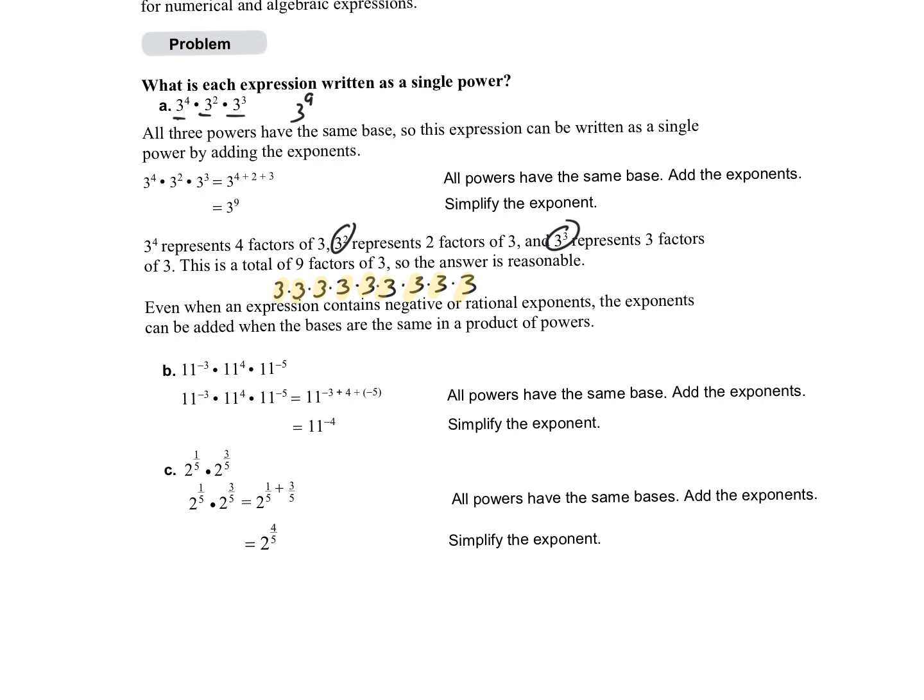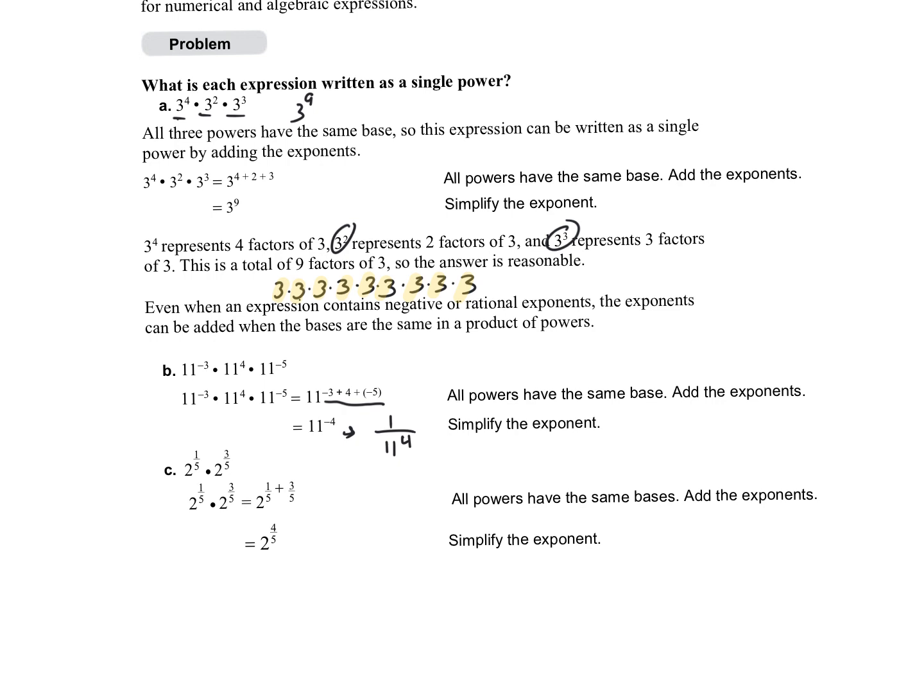You're going to add them just the same way, negative 3 plus 4 plus negative 5, and we end up with a negative 4. That's fine. We can be left with a negative exponent. Now, to fully simplify, you would write 1 over 11 to the 4th. But if you're adding them, getting a negative exponent on the top, it is 100% okay. You just have to flip it at the very end to get the final answer.